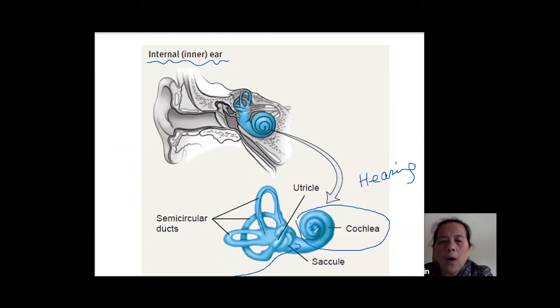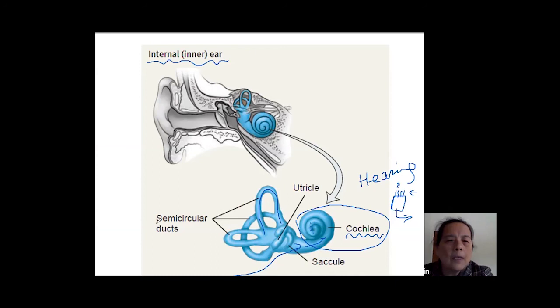So from the vibration transmission by the liquid here, basically on the surface of the cochlear area, the cells have small hair-like structures. So when vibration comes, the small hairs move. Then they transmit this movement into electrical impulses in the nervous system, and the transmission goes inside the brain. So that's how, in the cochlear area, we can hear.